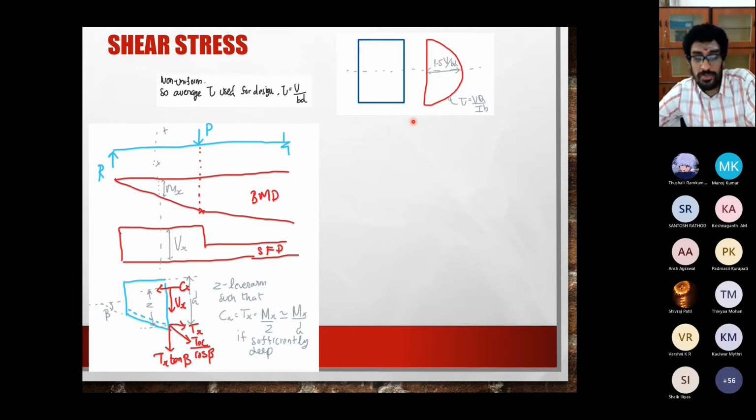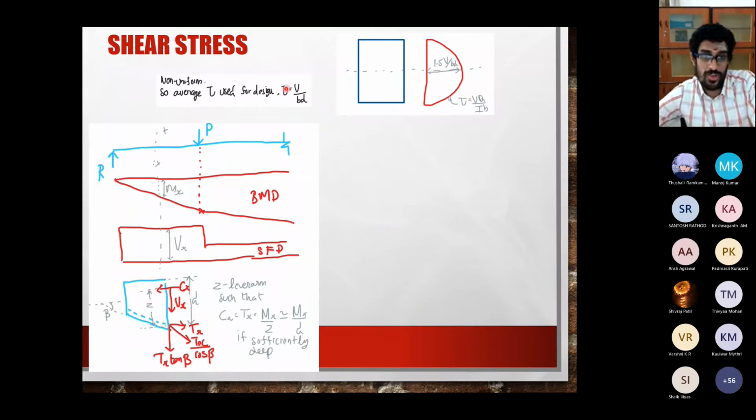Okay, this is okay because we are going to do only type 4 and type... We are not doing deep beams, so therefore this simplification is allowed when you design the beam for shear stress. If you do deep beam design, then you cannot use the average shear stress to design. Okay.